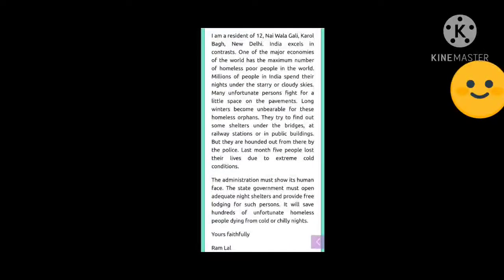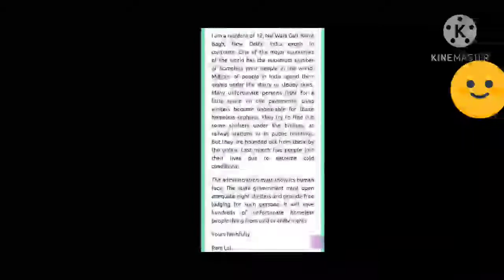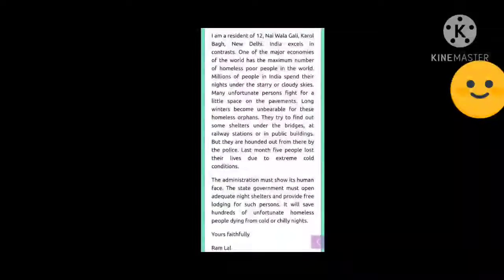Millions of people in India spend their night under the starry or cloudy skies. Many unfortunate persons fight for a little space on the pavements. Long winters become unbearable for these homeless orphans. They try to find out some shelters under the bridges, at railway stations, or in public buildings, but they are hounded out from there by the police.